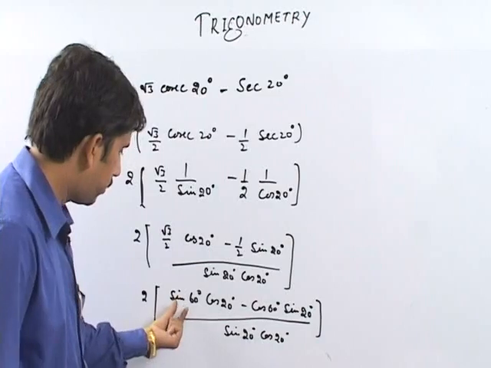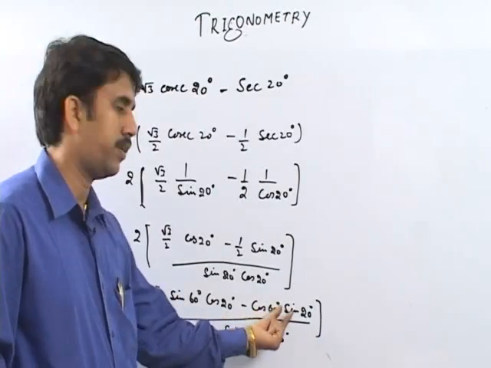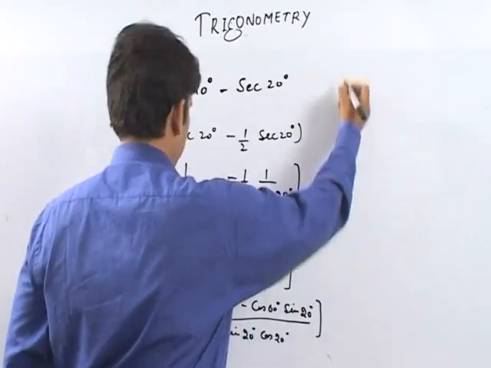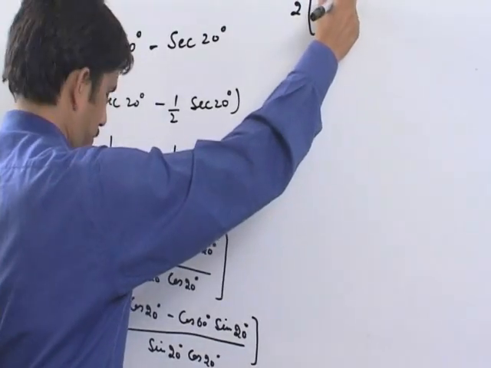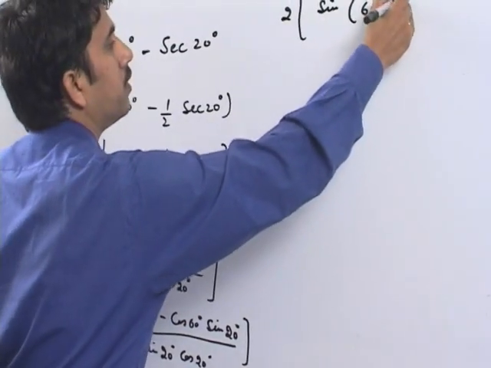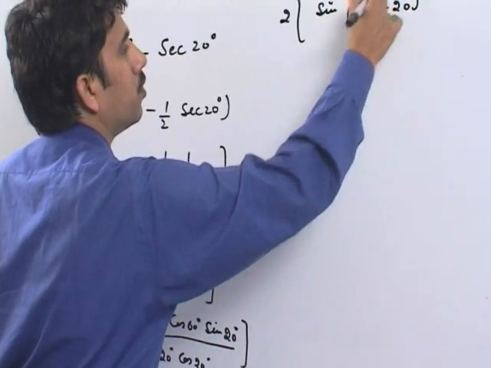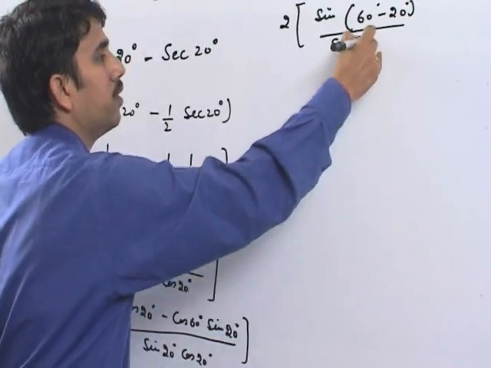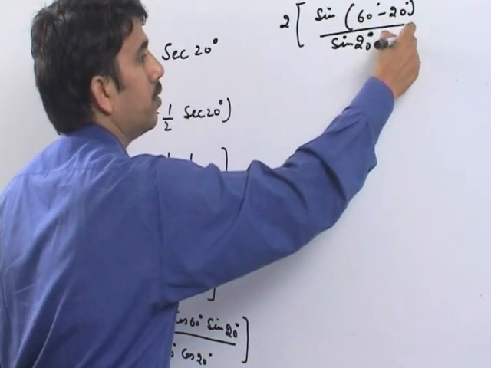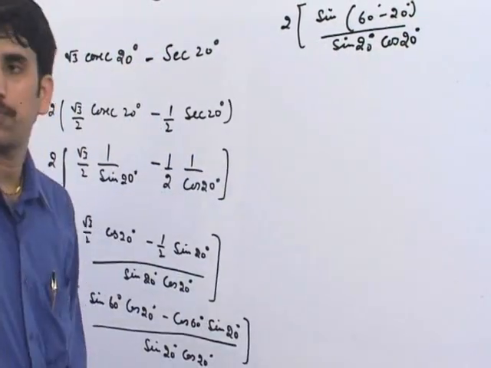This is sin A cos B minus cos A sin B, which will be equal to sin of A minus B over sin 20 degree cos 20 degree.